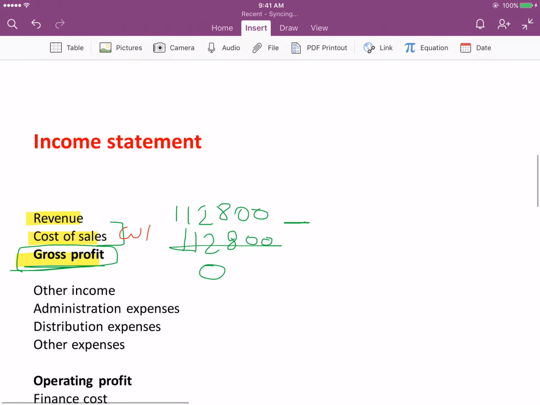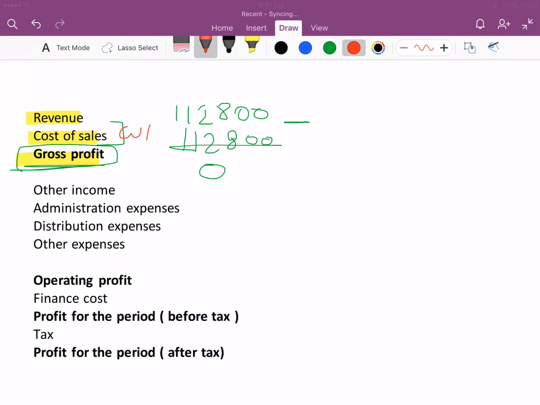So you're just going to write that in your income statement. So here you're going to write 25,200, and then here 210, and here 200. Okay, so operating profit. The operating profit is you're going to work these all out.